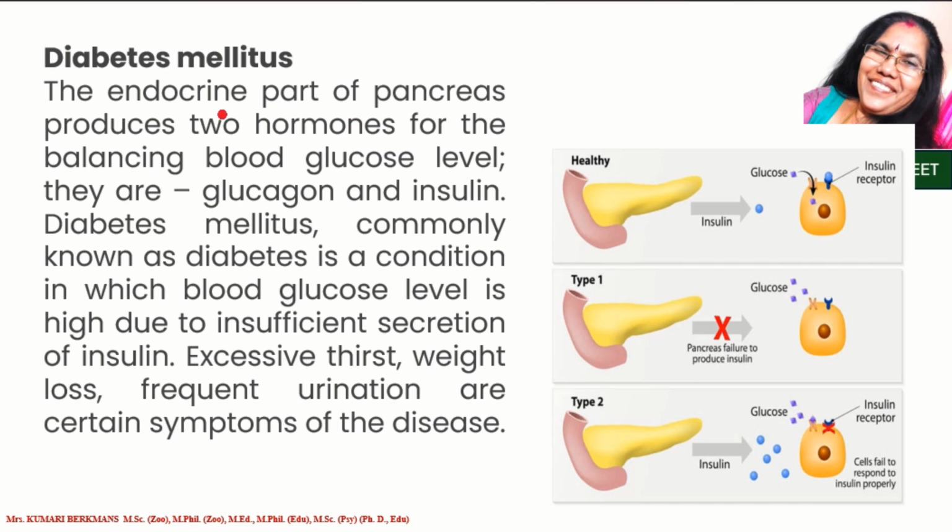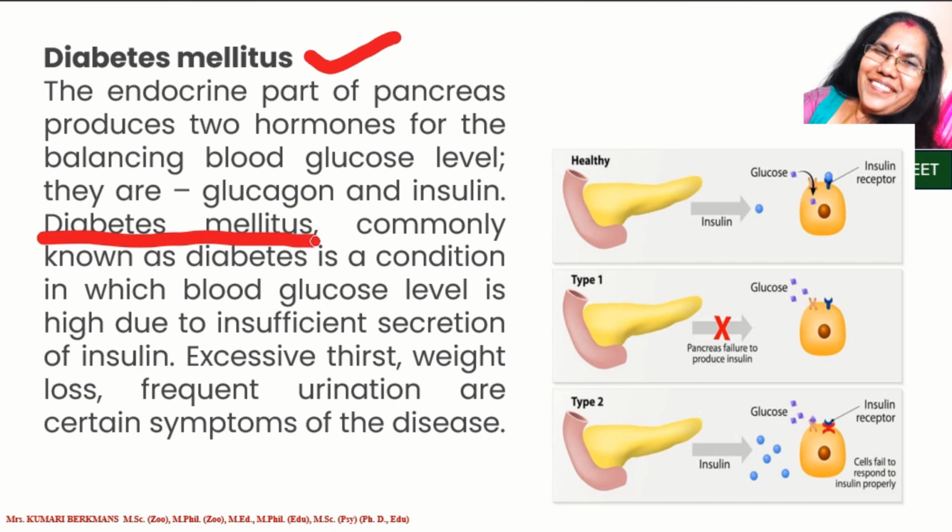And now the next one is diabetes mellitus. What is diabetes mellitus? You can see this is the duodenum and this is the pancreas. Inside the pancreas there are islets of Langerhans. These secrete insulin as well as glucagon. If it is less, then the person will be susceptible to diabetes mellitus. It is commonly known as diabetes, though the actual name is diabetes mellitus.